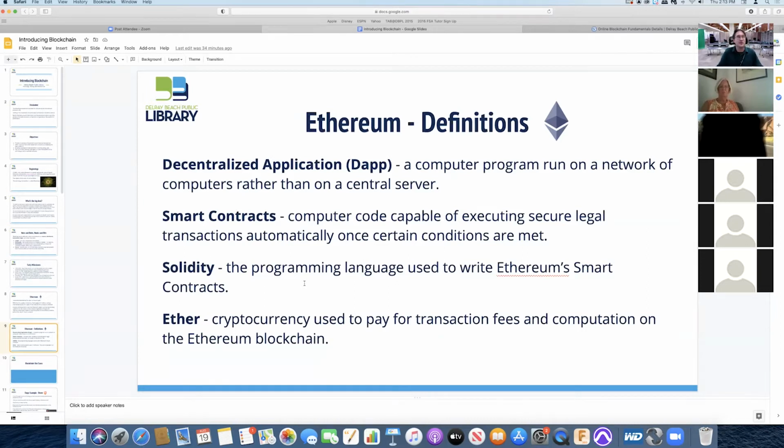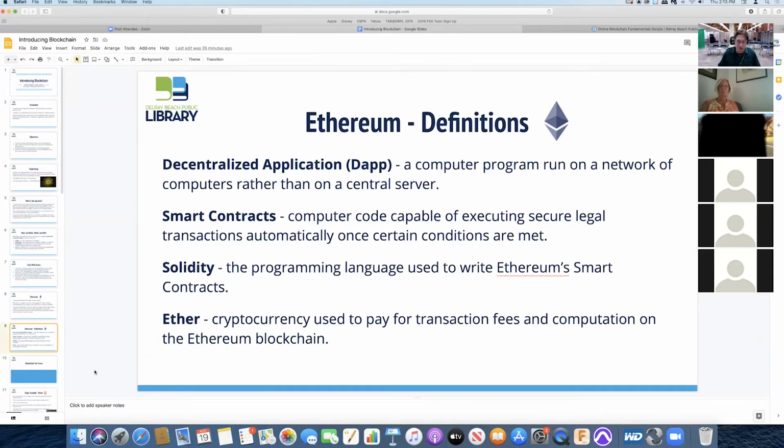So Ether is not necessarily used to buy pizza, as with Bitcoin, but it is used to do calculations and to develop apps on Ethereum. And again, there's a contrast between Ethereum, which is the blockchain underneath, and the cryptocurrency Ether, which is used to help run or administer the blockchain.